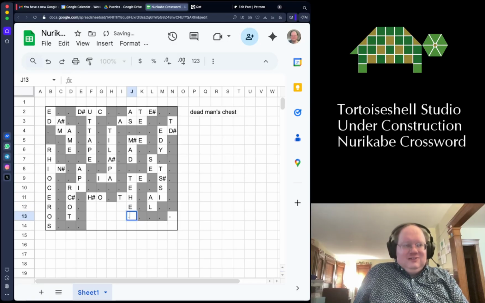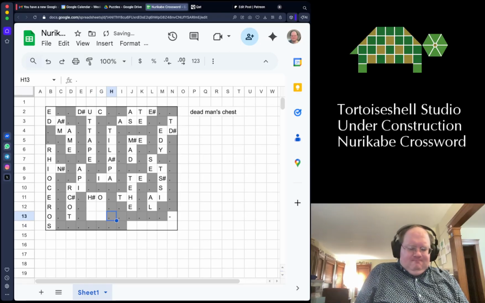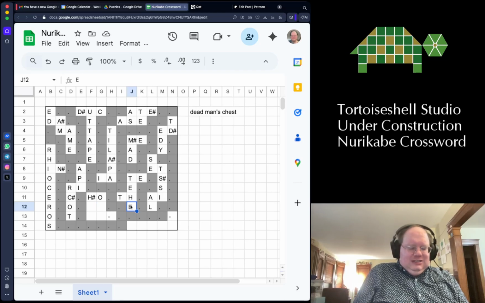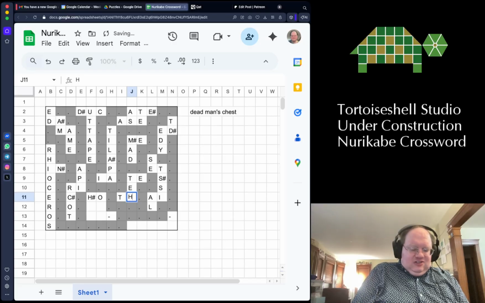If it's teeth, then it goes like that. Okay, so it's not teeth, it's just teeth.